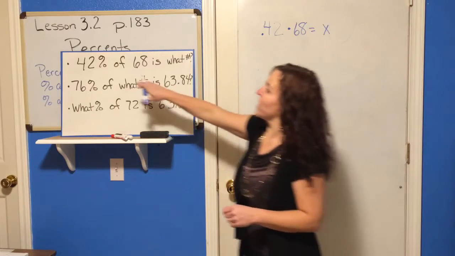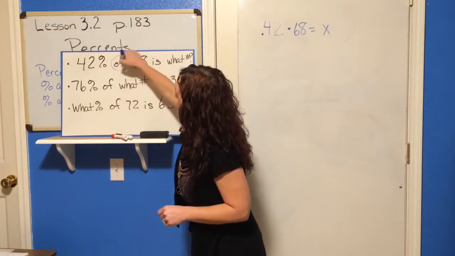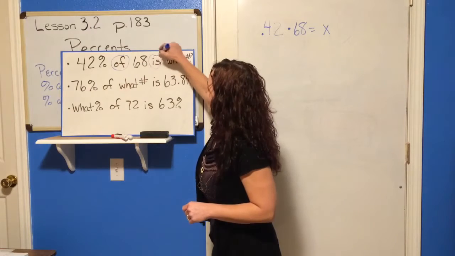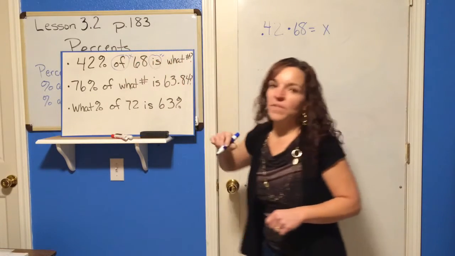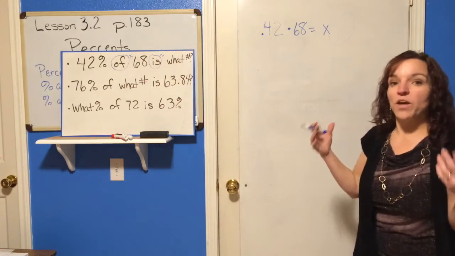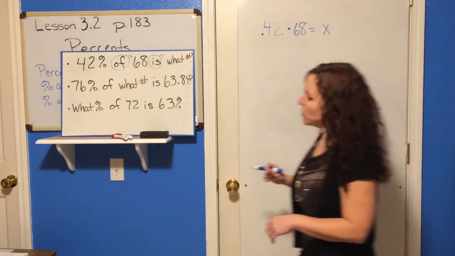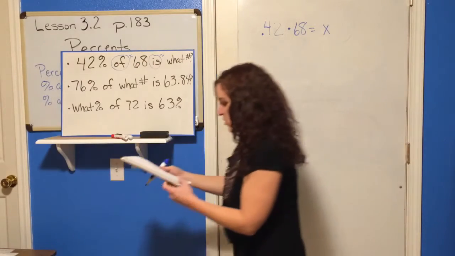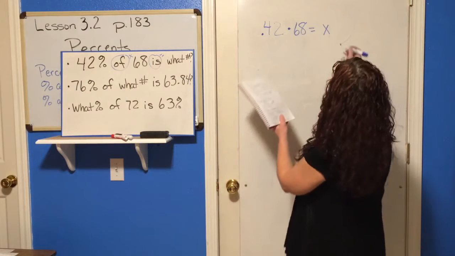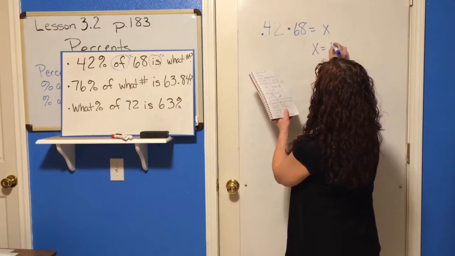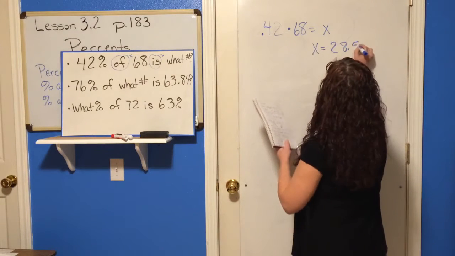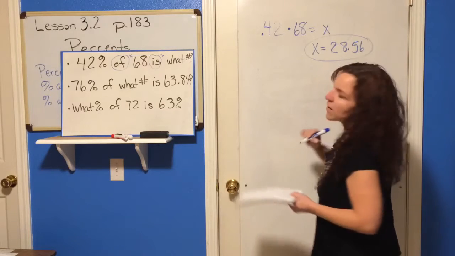And so if you can just translate word by word by word, remember of means times, is means equals. And if you can remember that, you can just set up an equation and solve it. So now 0.42 times 68. So that one you just multiply straight across, and that is x equals 28.56. Just use your calculator, and there you go.